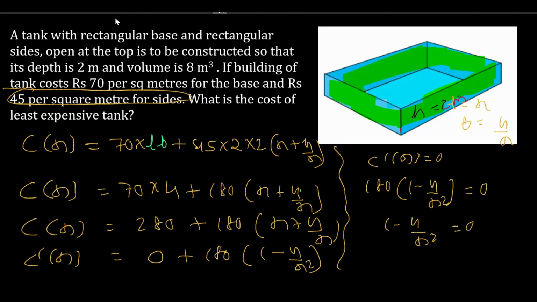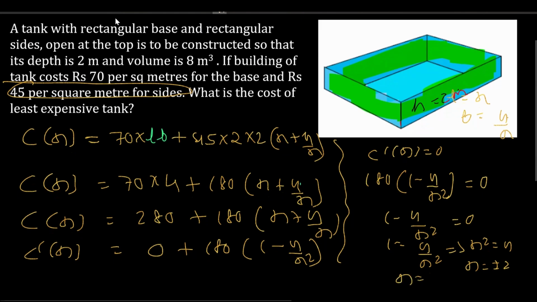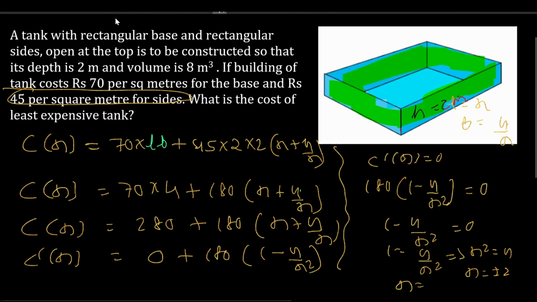So 1 is equal to 4 over x square, therefore x square is 4, and x can be plus or minus 2. As you know, x here is a dimension and it cannot be negative, so we will only take the positive value of x, which is 2.